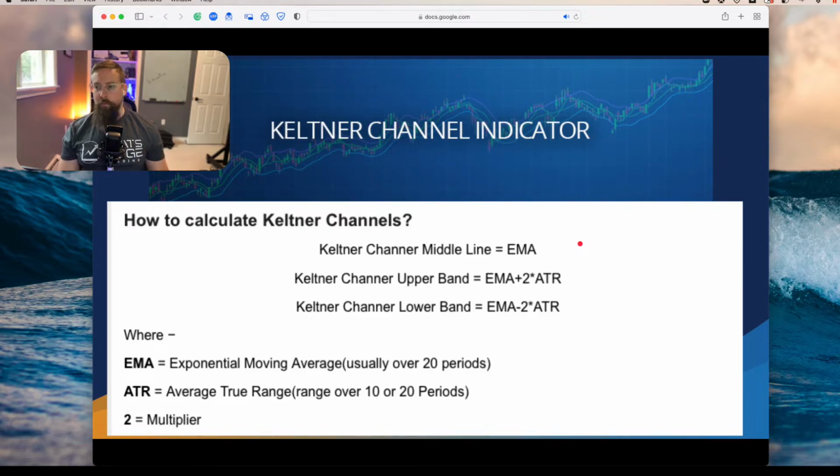What is it used for, right? Why are people interested in this? Well, essentially, the Keltner channel is an easy way to kind of say, okay, this stock is starting to move more or faster than it normally does. Because you have to understand that all moving averages are lagging indicators in some way.